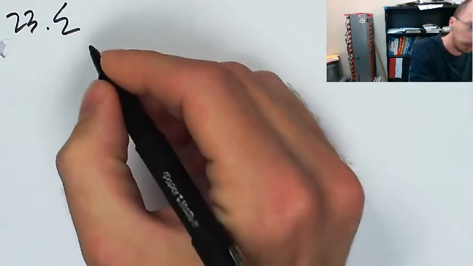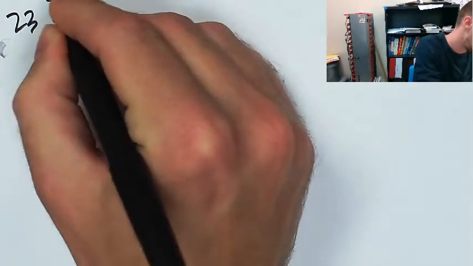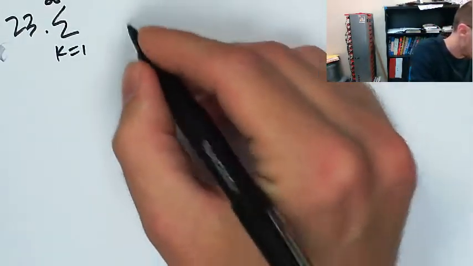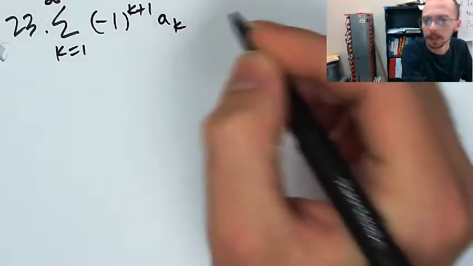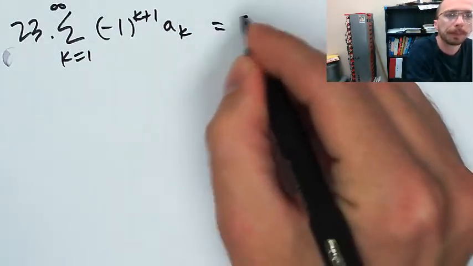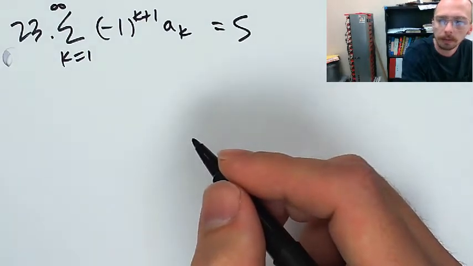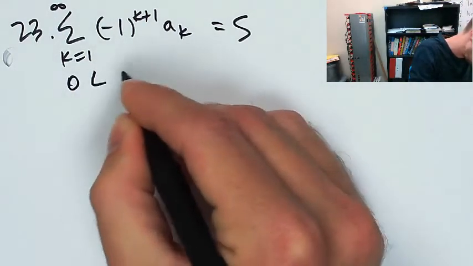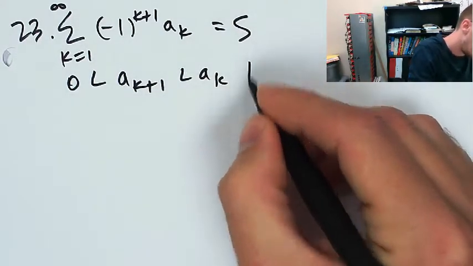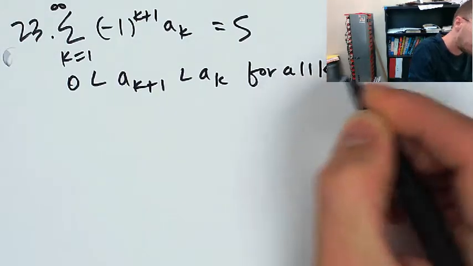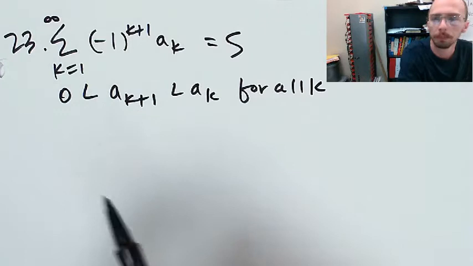The sum from k equals 1 to infinity of negative 1 to the k plus 1, a sub k, converges to S, and 0 is less than a sub k plus 1 is less than a sub k for all k, maybe for all k greater than or equal to 1.